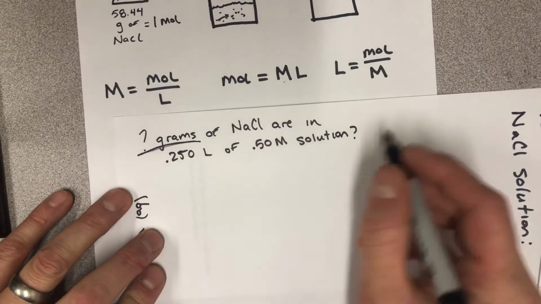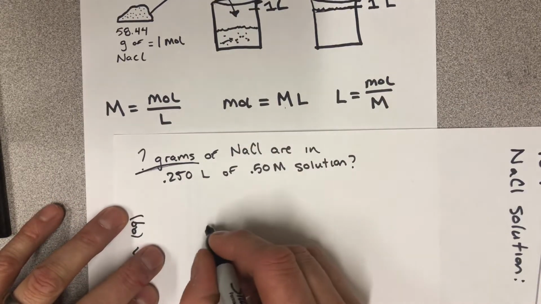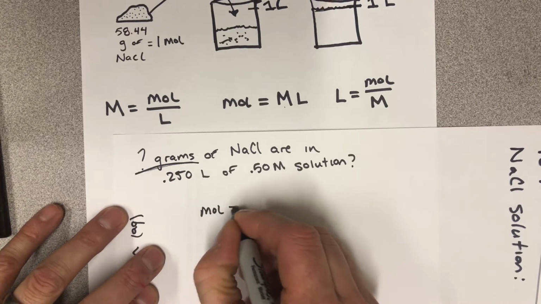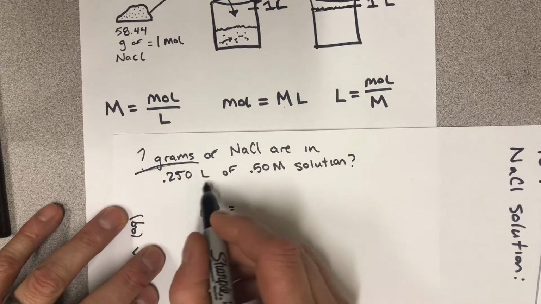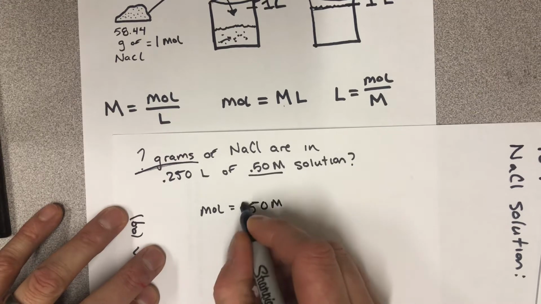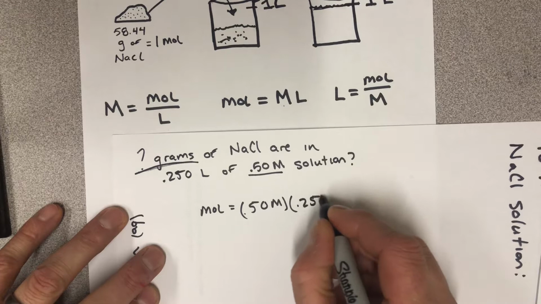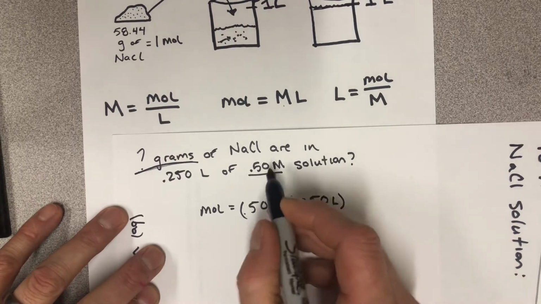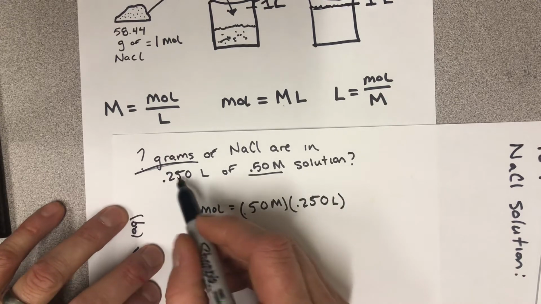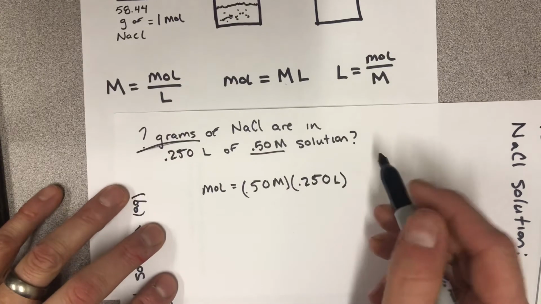We'll use the derived equation here for moles, and we're going to say moles equals the molarity of the solution, which is 0.50, times the liters here, 0.250. And I should tell you, if this is in milliliters, you need to convert it to liters before you do these problems.